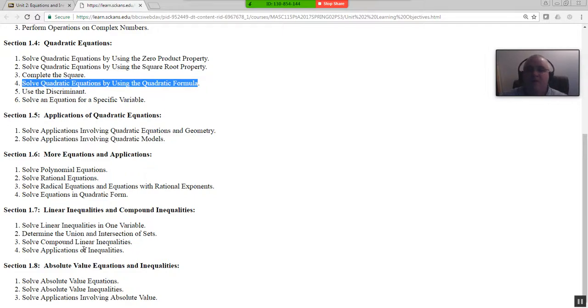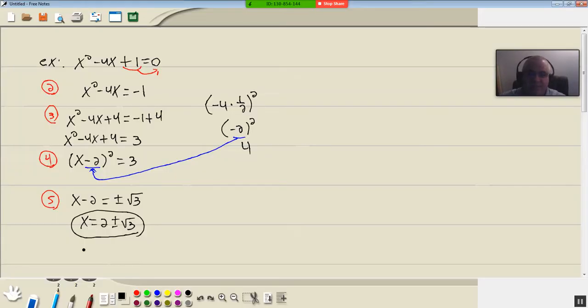Now, our fourth topic in this section is to solve using the quadratic formula. So let's take a look at that. Let me clean this off.